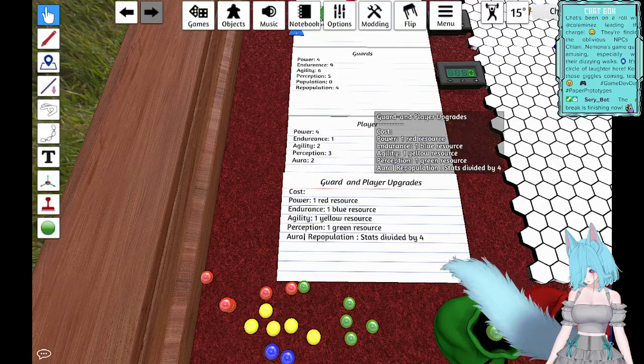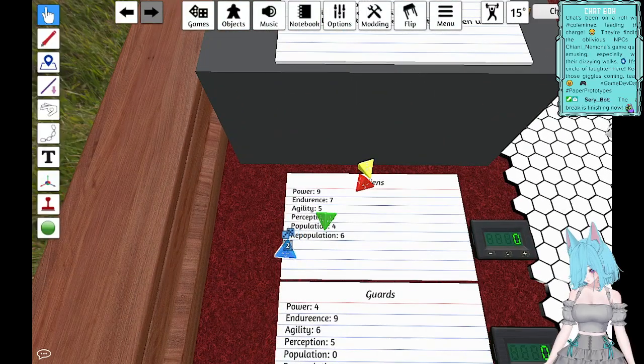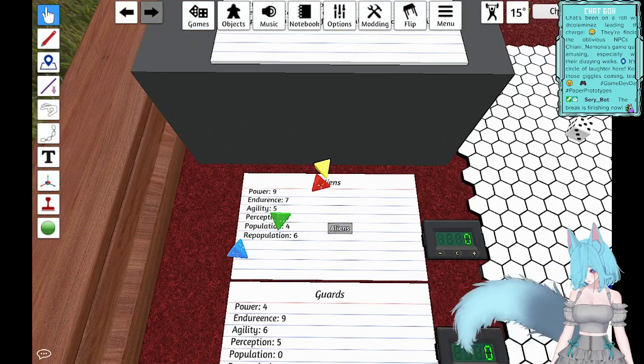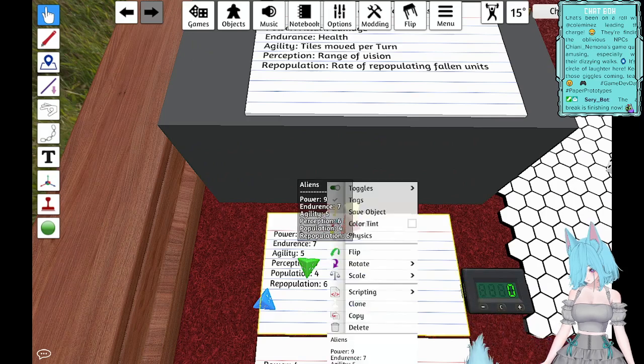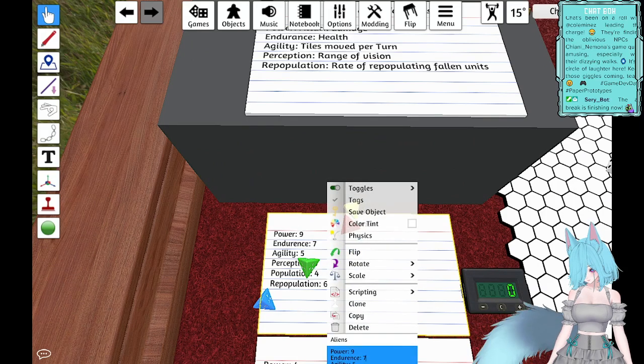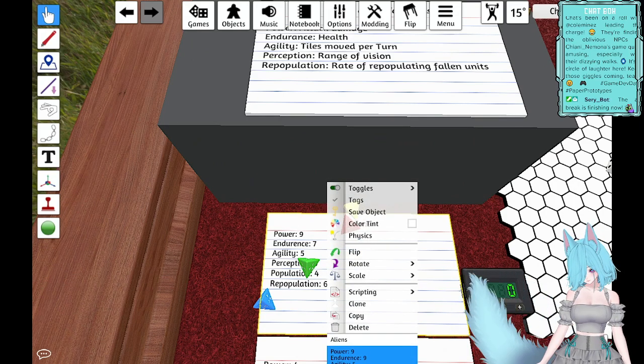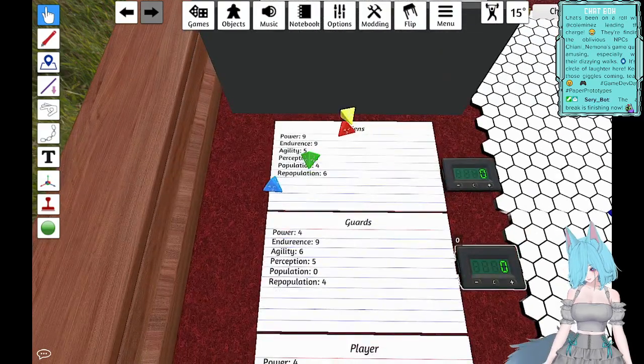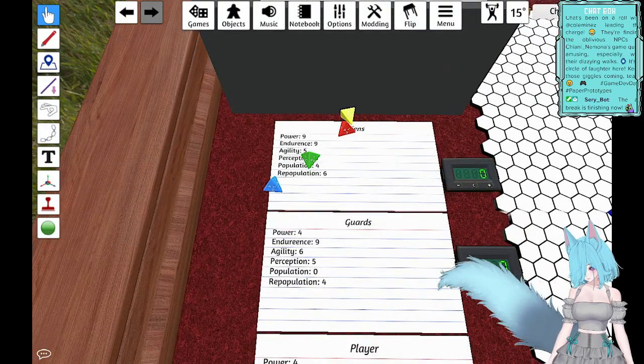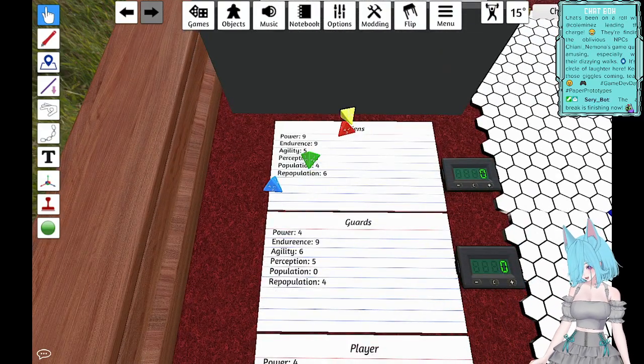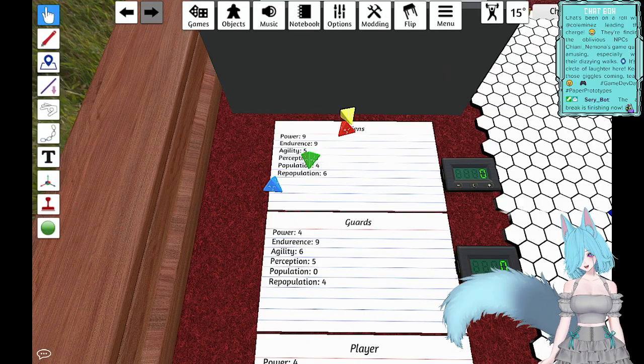Then, blue was 2. So, nine endurance. That said, power is not the strong suit of our guards.